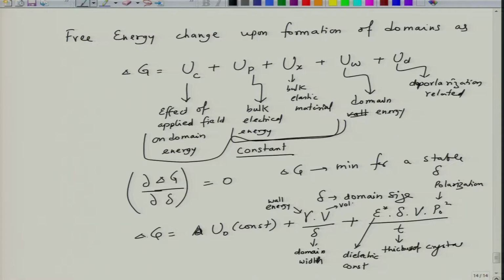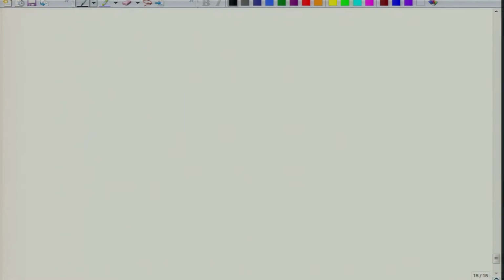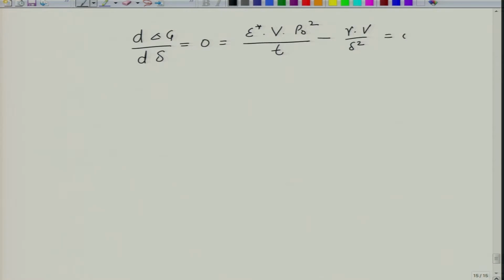Now we take the derivative of delta G with respect to delta, and this must be equal to 0. When we do that, we get epsilon star V P naught squared divided by T, minus gamma V divided by delta squared, equal to 0.